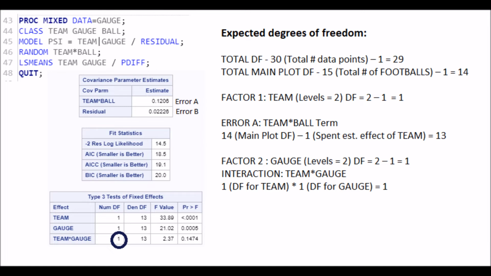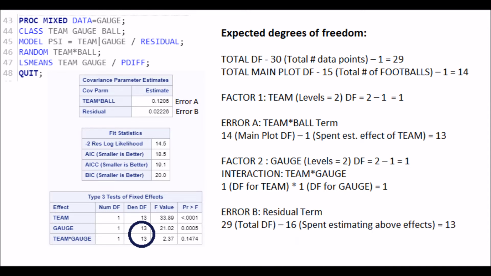A significant interaction would indicate that the difference in football inflation observed between teams is dependent on which gauge was used to measure the footballs. So if we had a total of 29 degrees of freedom to spend for our analysis, and we spent 16 on the estimation of all of the other terms in our model, this leaves 13 degrees of freedom for the estimation of error B. It looks like we are all good.